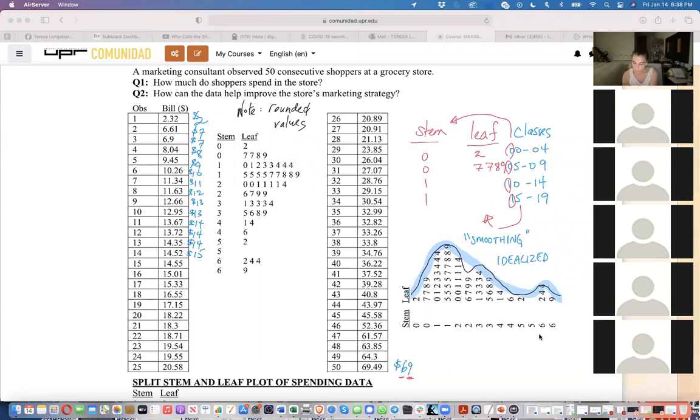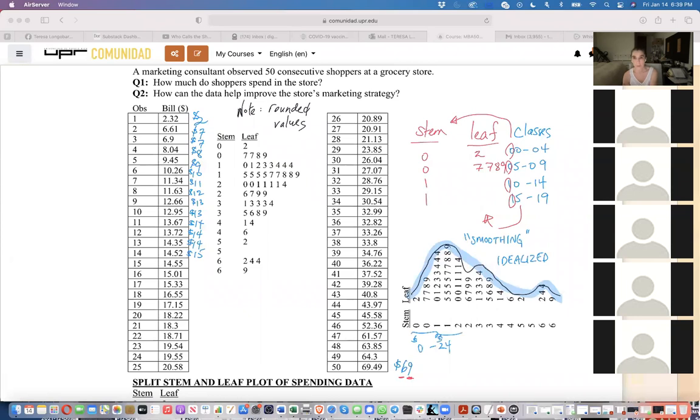So we need to tell the story that there's some shoppers here. Look how much these people are spending. These people are spending between $0 and $24, right?